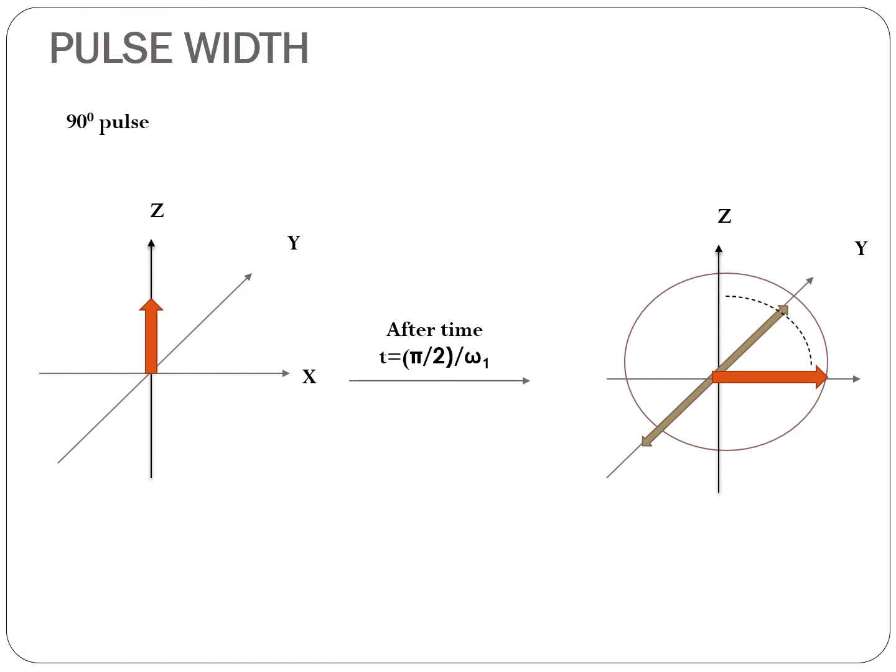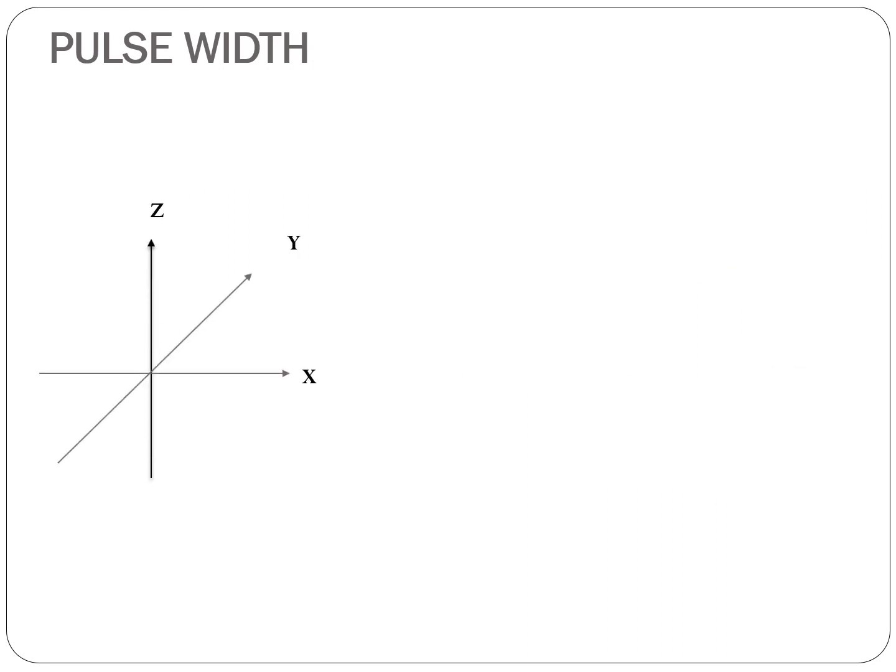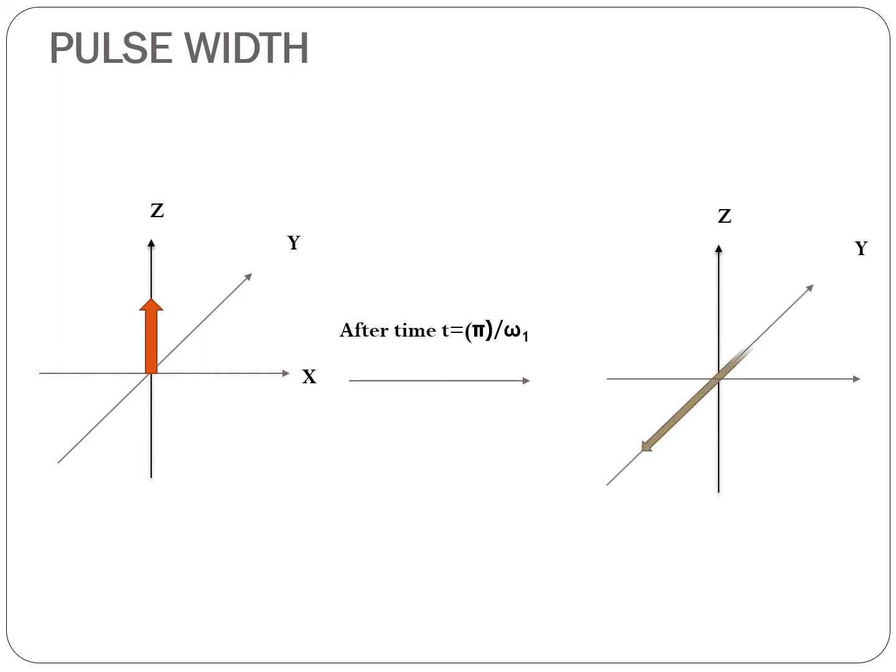So this is one type of pulse. This is called a 90-degree pulse. If we use less time, it will go for a 45-degree pulse. Then it will come to the y-axis. Suppose we use more time, that is t equal to pi by omega 1. Then it will come onto the z-axis opposite to the direction of the bulk magnetization which is present in the first phase.